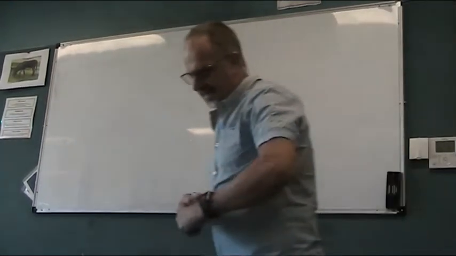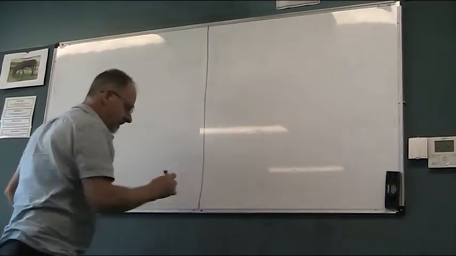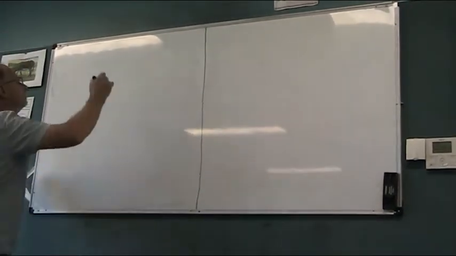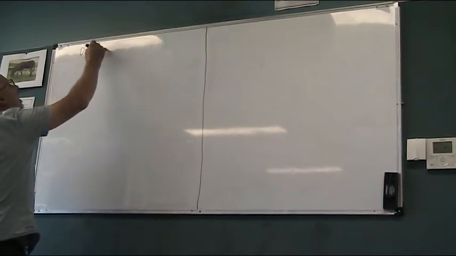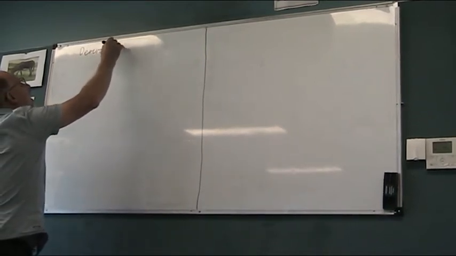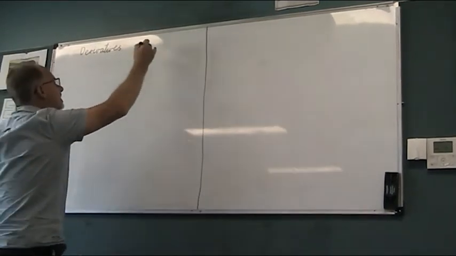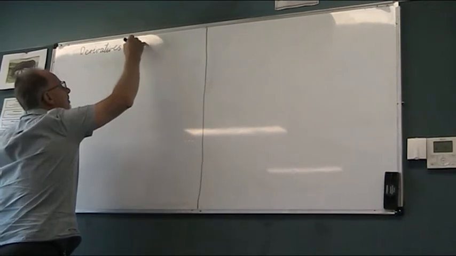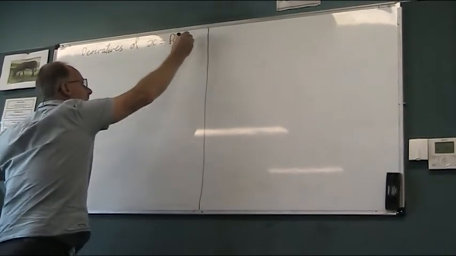Alright, so today what we are doing is looking at differentiation. But instead of y equals a function of x, what we've got is x as a function of y.